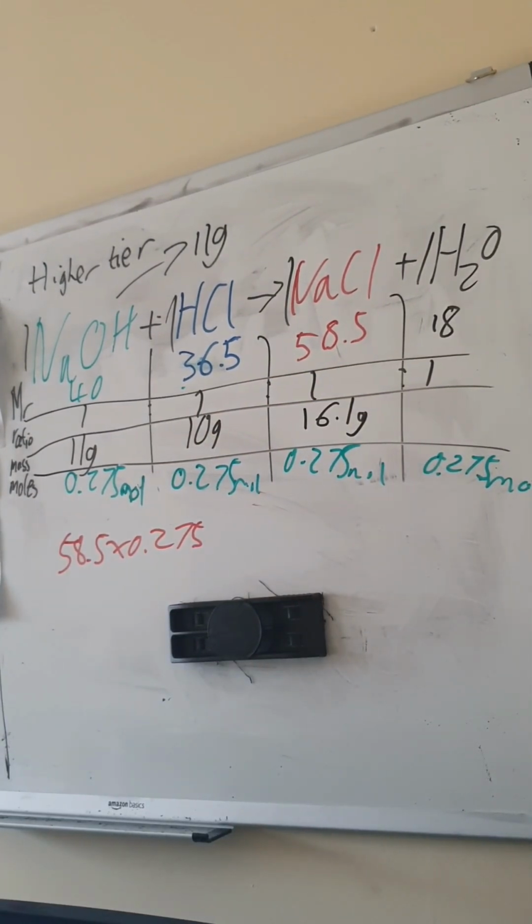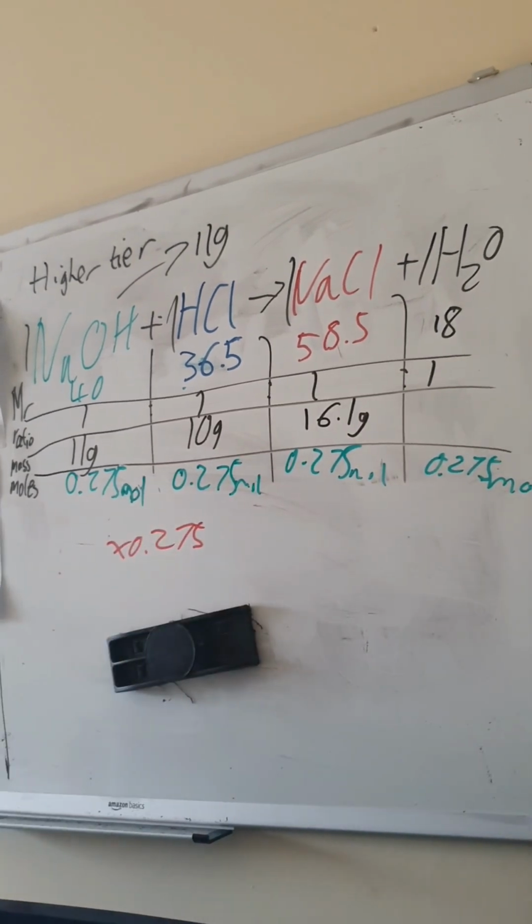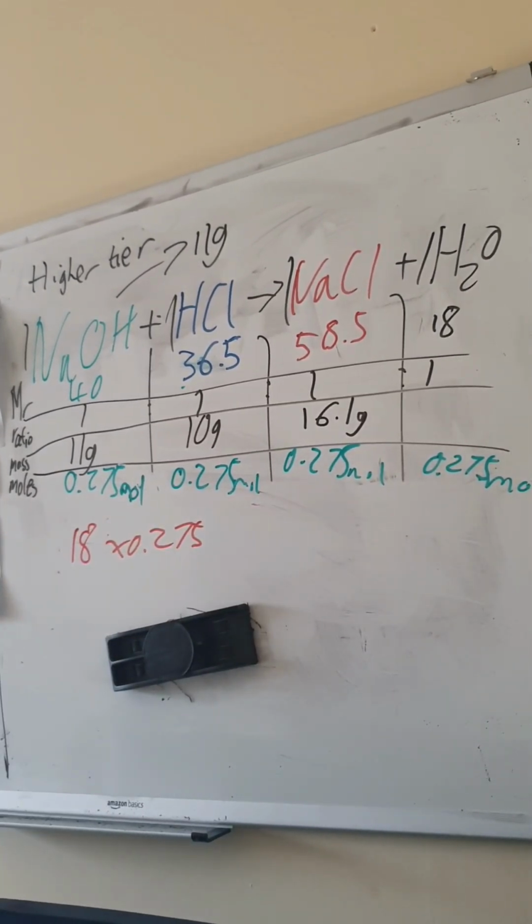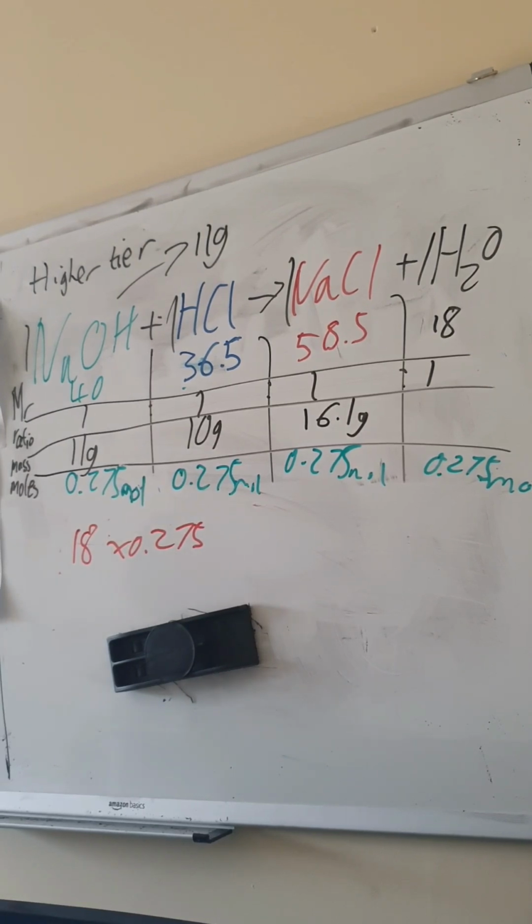And for the last one, we've got to do 18 multiplied by 0.275. Put that into a calculator and you get out 4.95. So it's 5.0 if we round to one decimal place.